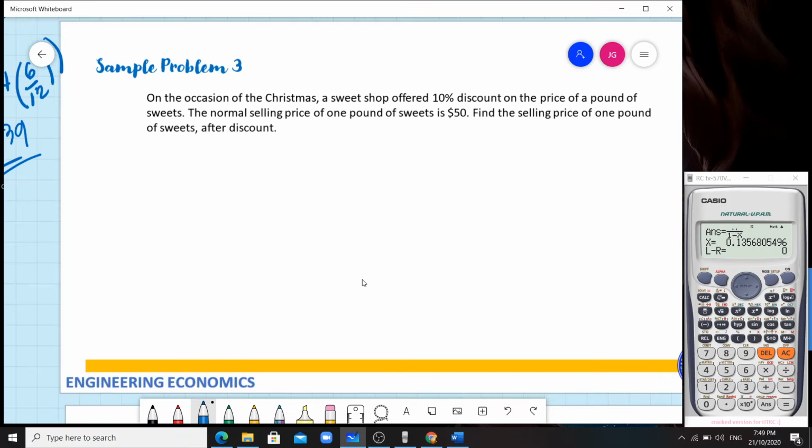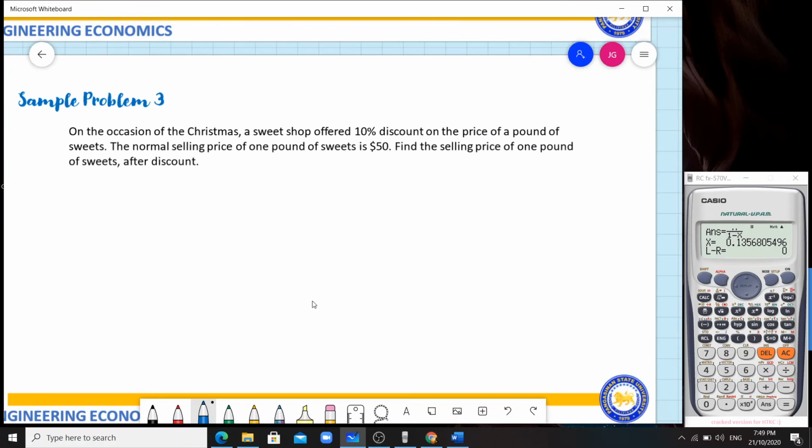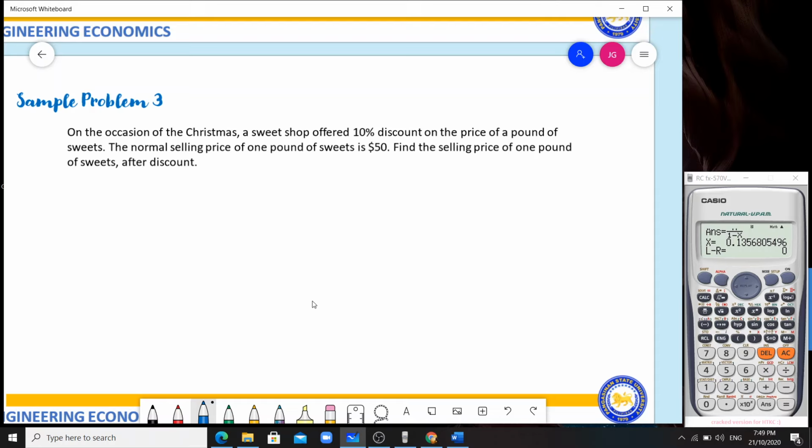On the occasion of the Christmas, a sweet shop offered 10% discount on the price of a pound of sweets. The normal selling price of 1 pound of sweets is $50. Find the selling price of 1 pound of sweets after discount.